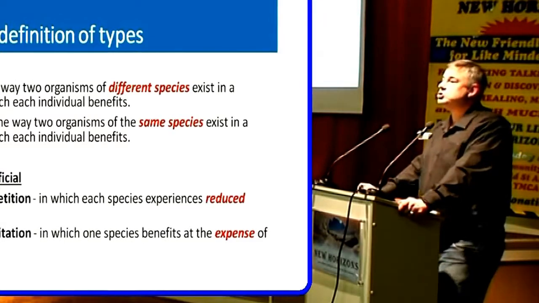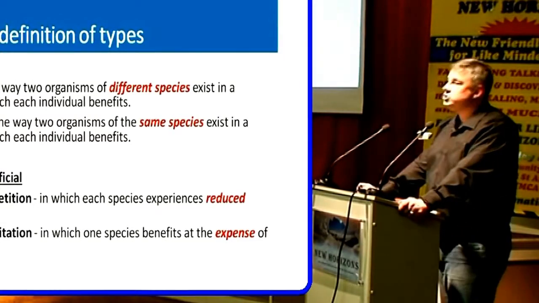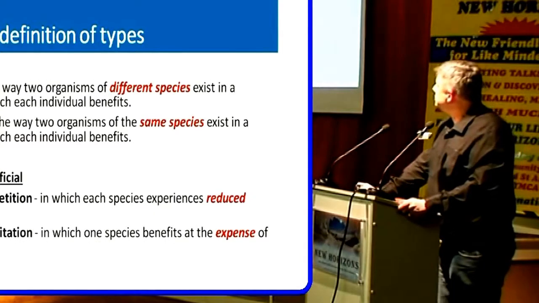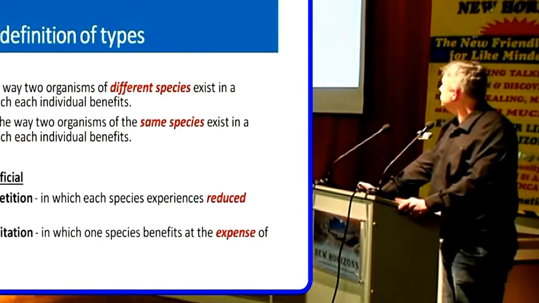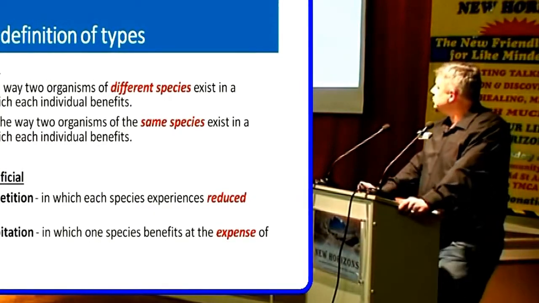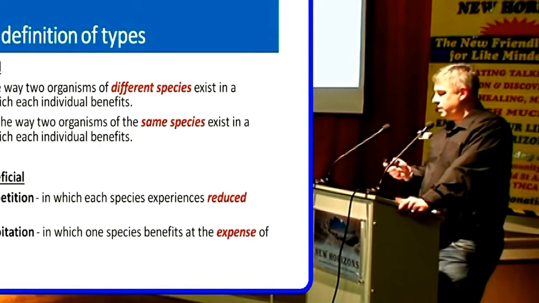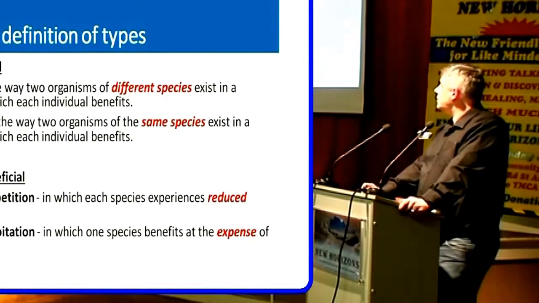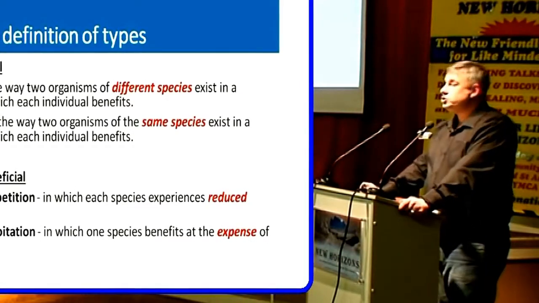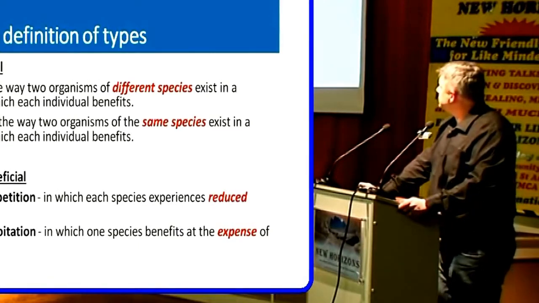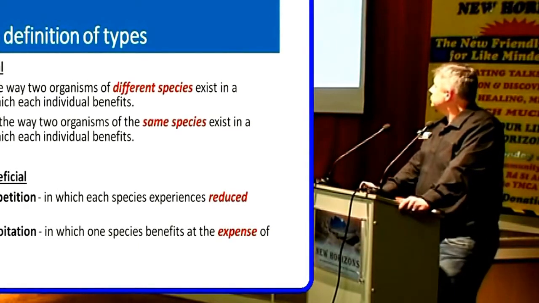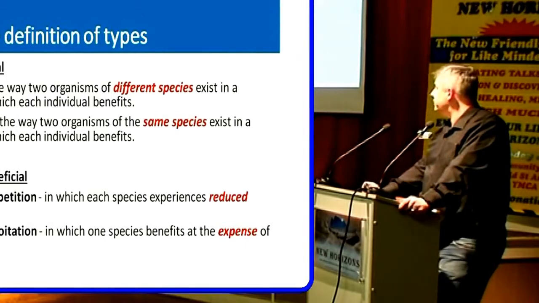So the first new term, probably, is something called mutualism. And mutualism is the way that two organisms of different species exist in a relationship in which each individual benefits. Cooperation is the way two organisms of the same species exist in a relationship in which each individual benefits.